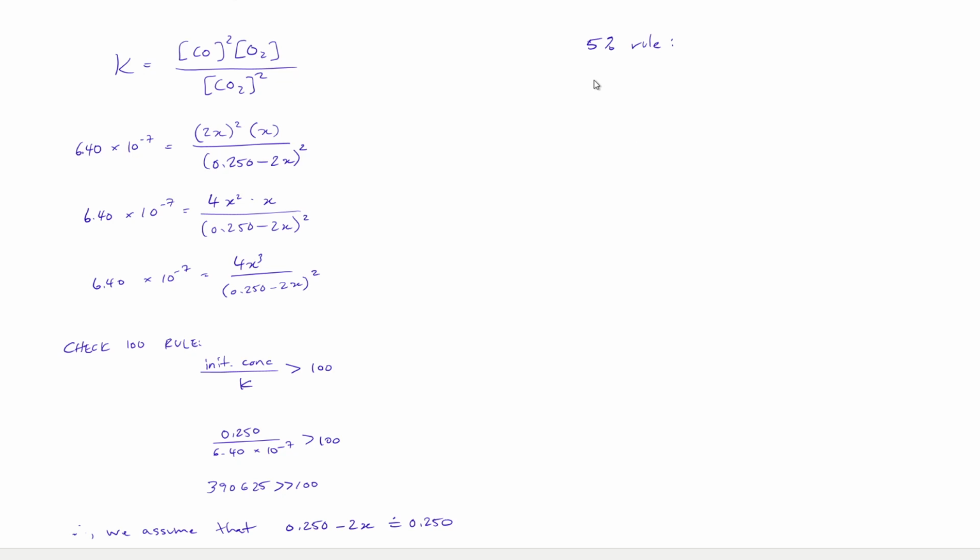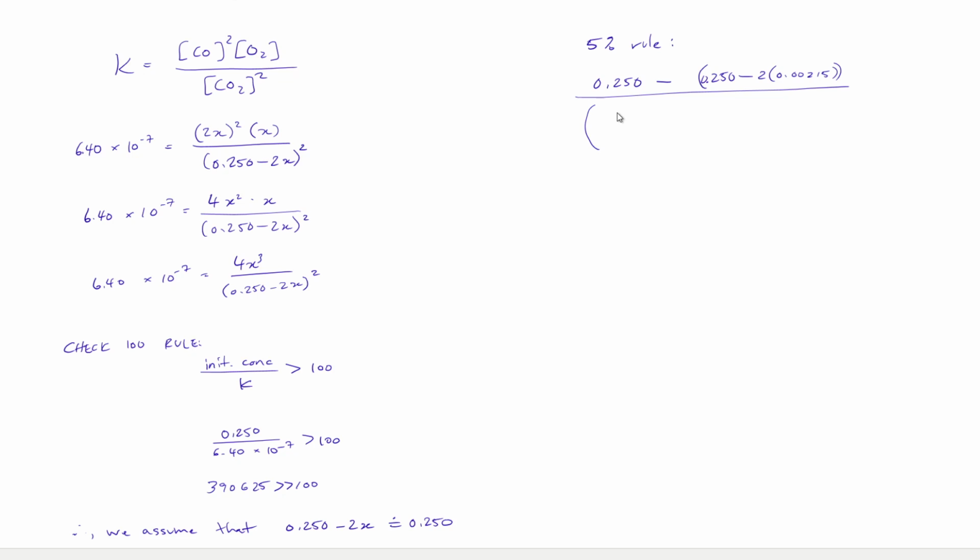So I'll do it with the assumption, okay, so I go 0.250. That is with the assumption that x is insignificant. And then I subtract that with, if I did not make that simplification, so 0.250 minus 2, and I will insert the value of x, 0.00215, all over the average of these two numbers.